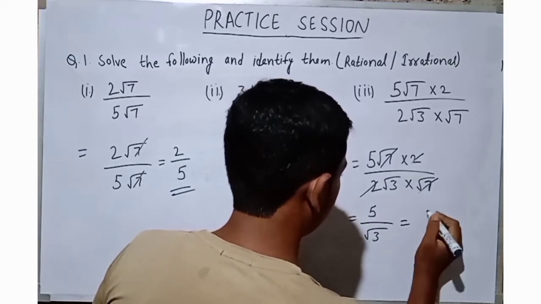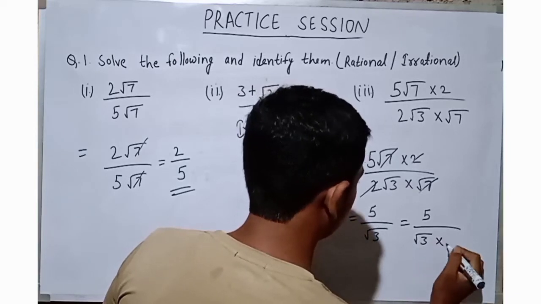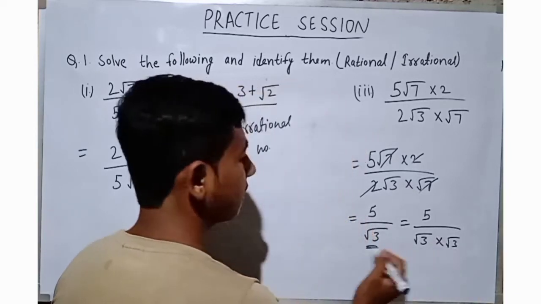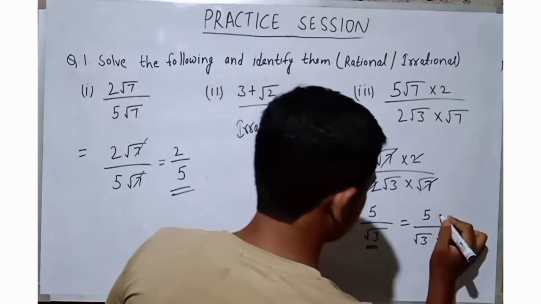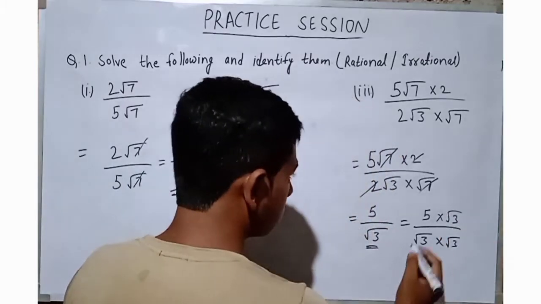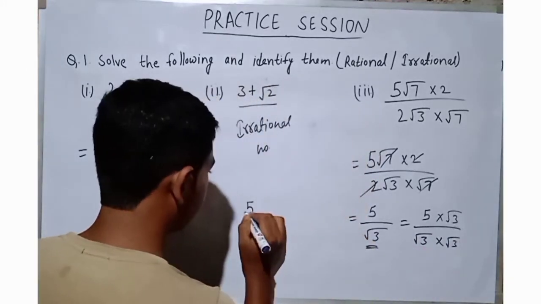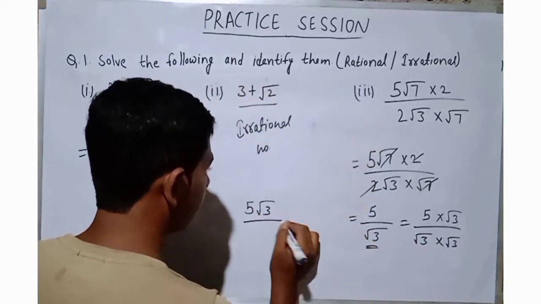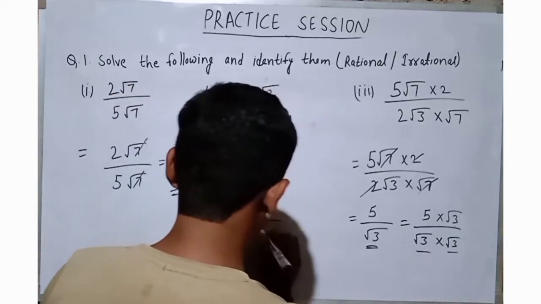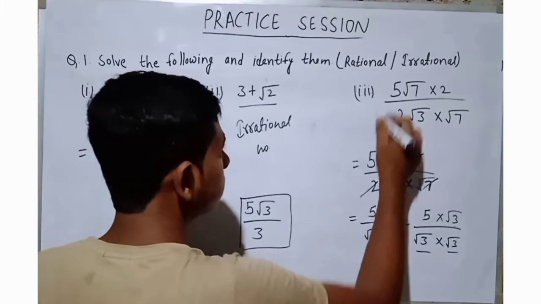So it will be 5 by root 3 into root 3. We have to rationalize it. In the numerator also we will multiply by root 3, so it will be 5 root 3 by root 3 into root 3, which is 3. So this is the required answer of this third question.